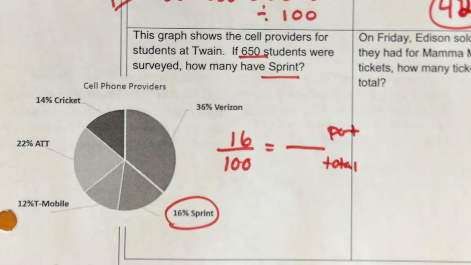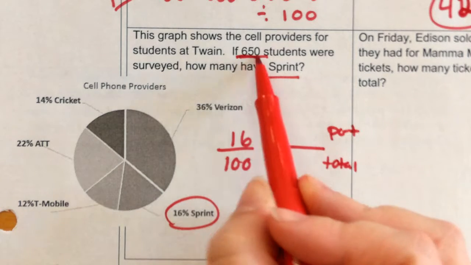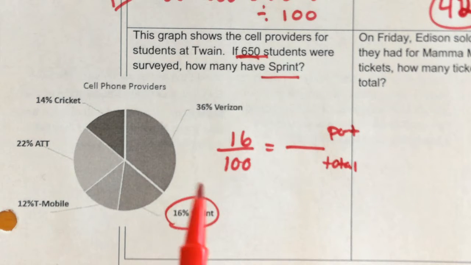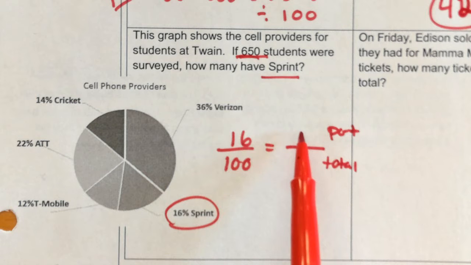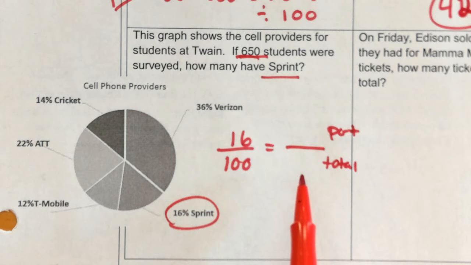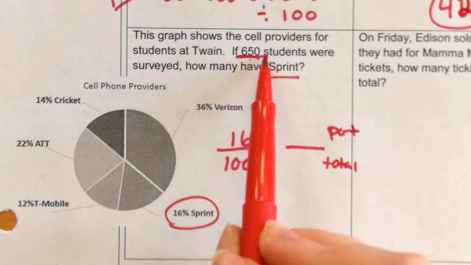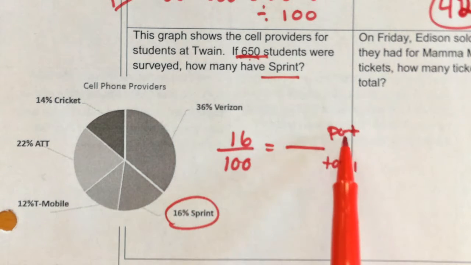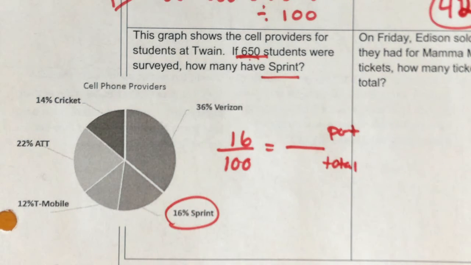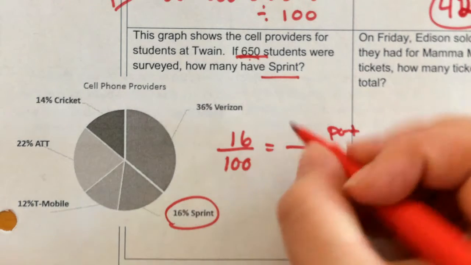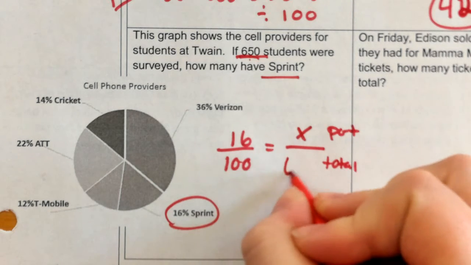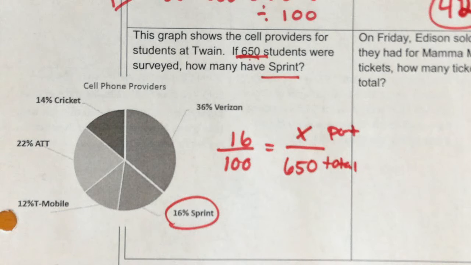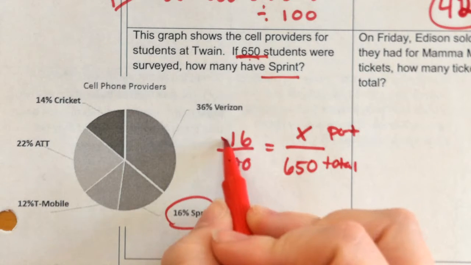What's our part? What's our total? Well, we know that 650 students were asked. Is that part or is that total? 650 students were surveyed. That says we're surveyed total. If it was part, it would have been 650 students have Sprint. So X is going to go on the top, that 650 is going to go on the bottom. And now we can go ahead and solve this proportion.